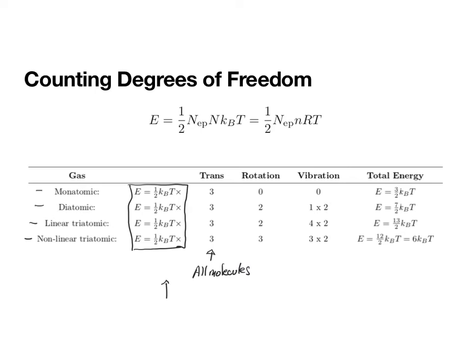So they can go X, Y, and Z directions. Monatomic molecules do not rotate. This would be something like the helium atom. There's no rotation. We can't spin it and move the positioning of the atoms. Like we talked about before, diatomic and linear triatomic molecules have 2 directions of rotation, and nonlinear triatomics have 3.